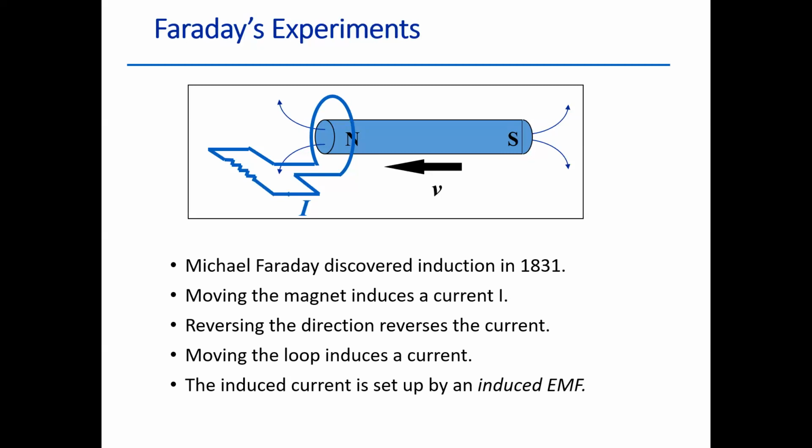It could be a galvanometer. When you reverse the direction of this movement, this will actually reverse the current as well. So something is happening because of the movement of the magnetic field. While you move the loop, as I mentioned, in a closed electric circuit, it induces a current. The induced current is set up by an induced EMF. We'll discuss more in detail.